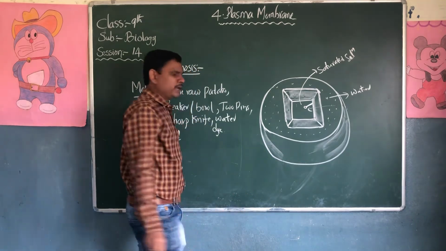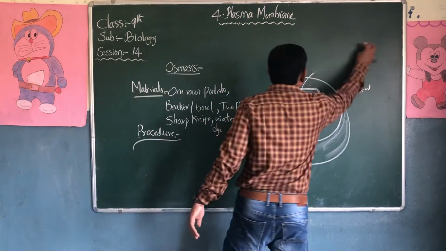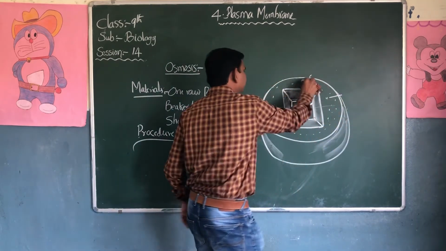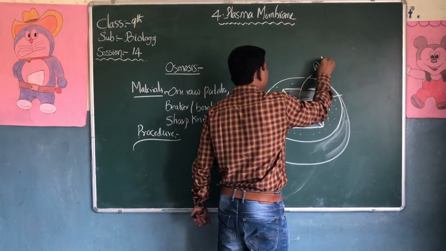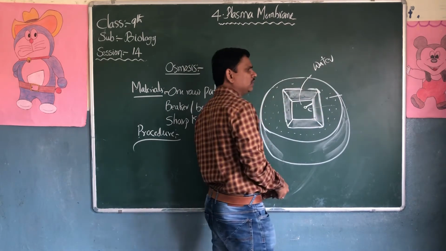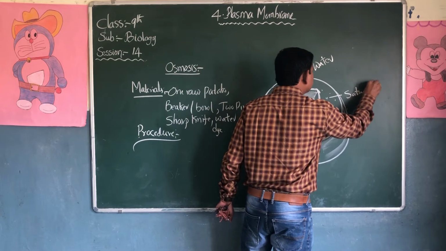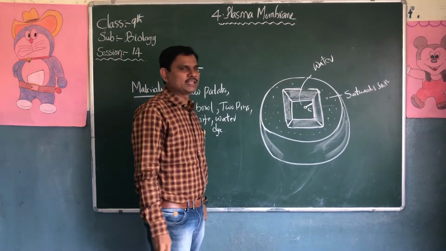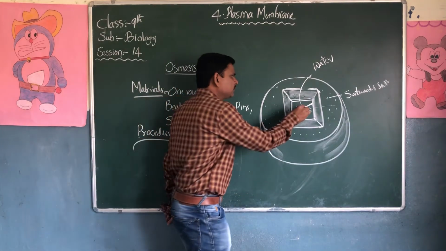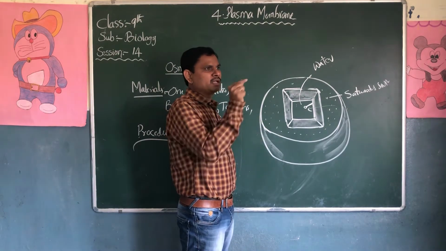In the other experiment, now we take tap water, normal water, in the potato and saturated solution in the bowl. Now we mark with the pins where the water level is.